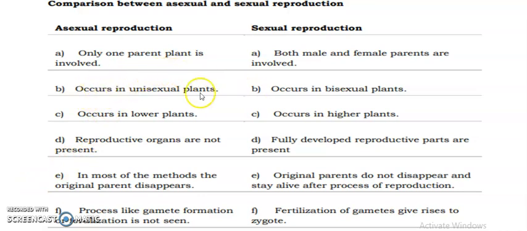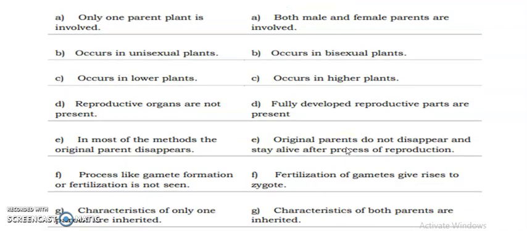Asexual reproduction occurs in unisexual plants; sexual reproduction occurs in bisexual plants. Asexual reproduction occurs in lower plants, and sexual reproduction occurs in higher plants. In asexual reproduction, reproductive organs are not present. For sexual reproduction, fully developed reproductive parts are present.